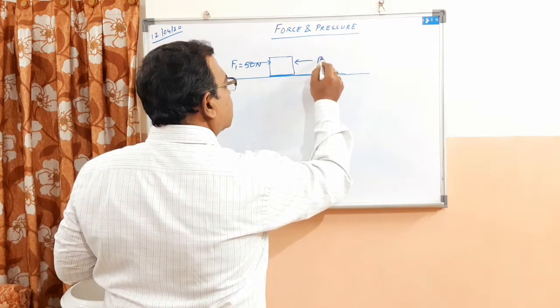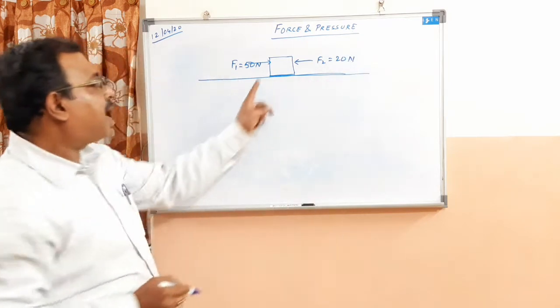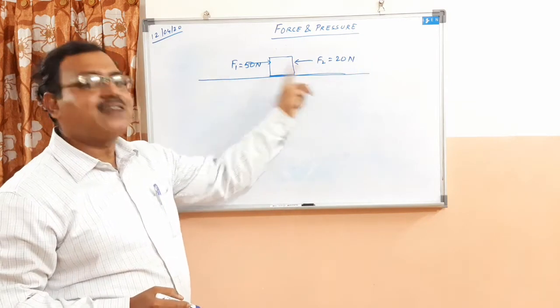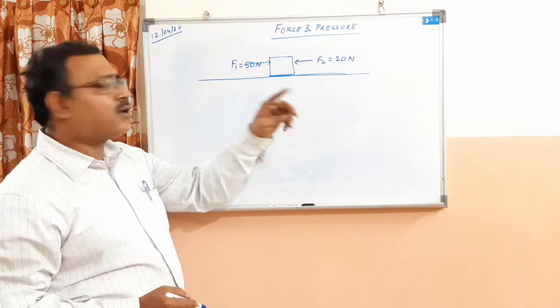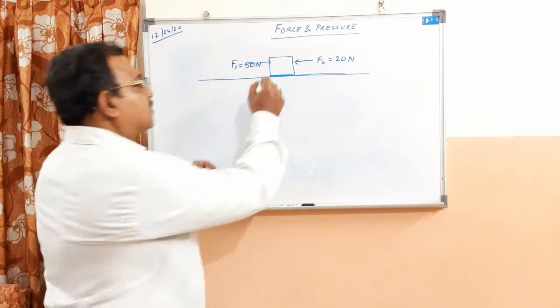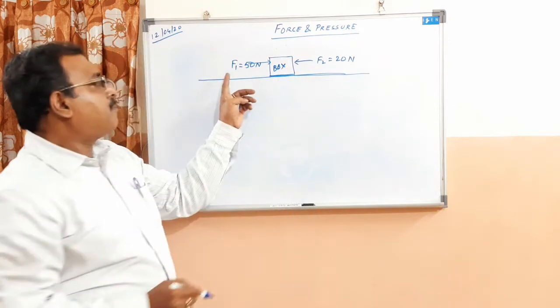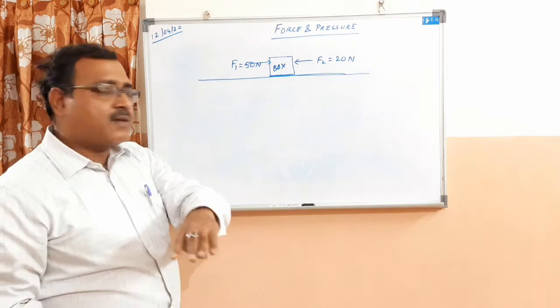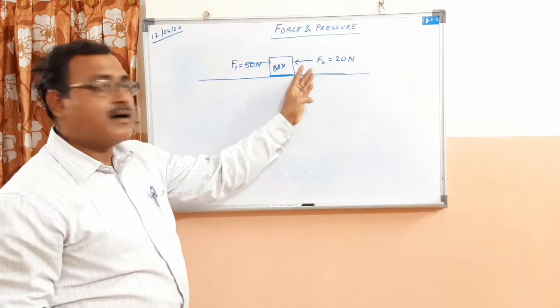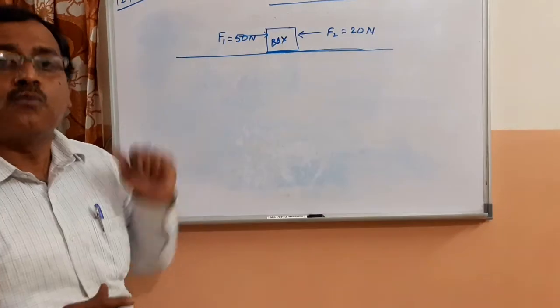Another force F2 of 20 Newton is applied on the same box from right to left. Supposing one of your friends is applying a force of 50 Newton trying to push this box from left to right. Another friend is pushing the same box from right to left. In which direction will the box move?